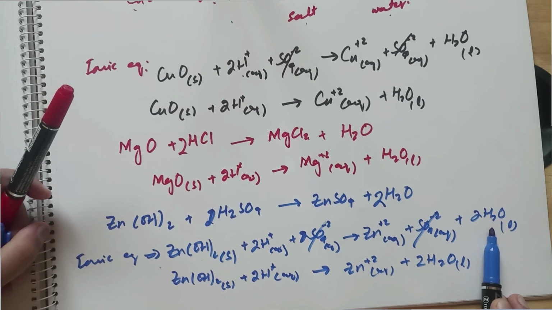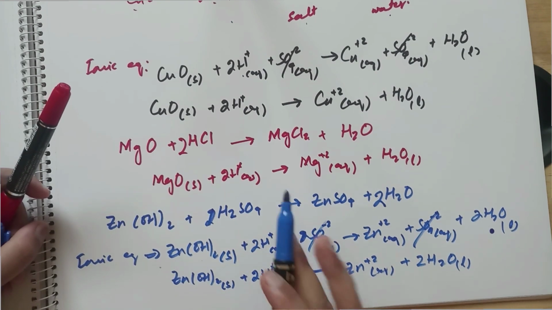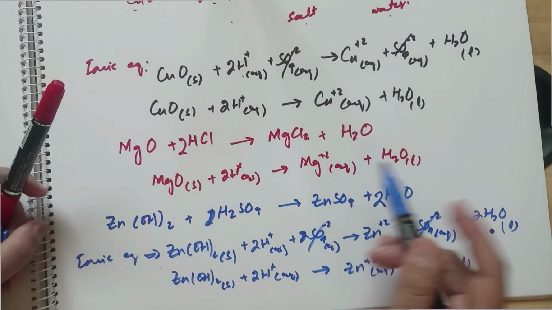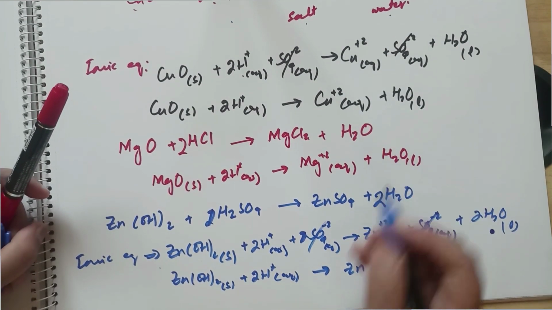So that is why they are neutralization reactions, and in the whole reaction there is no change in the oxidation states of atoms. So this is not a redox reaction, this is only a neutralization reaction. Is it clear? So, thank you.